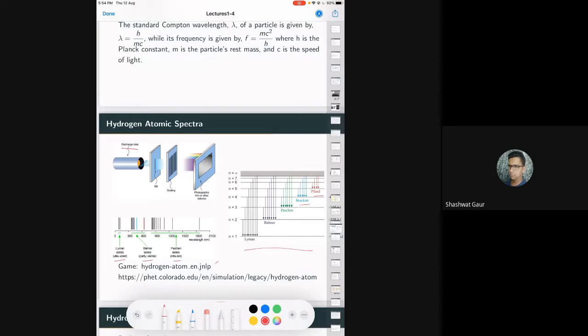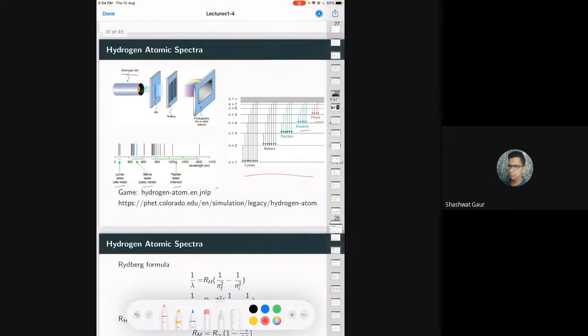So he said all this, okay, but he did not mention quantization, which, if you remember the timeline, was simultaneous with Einstein and Planck and their concepts of quantization. So these sort of fit together.